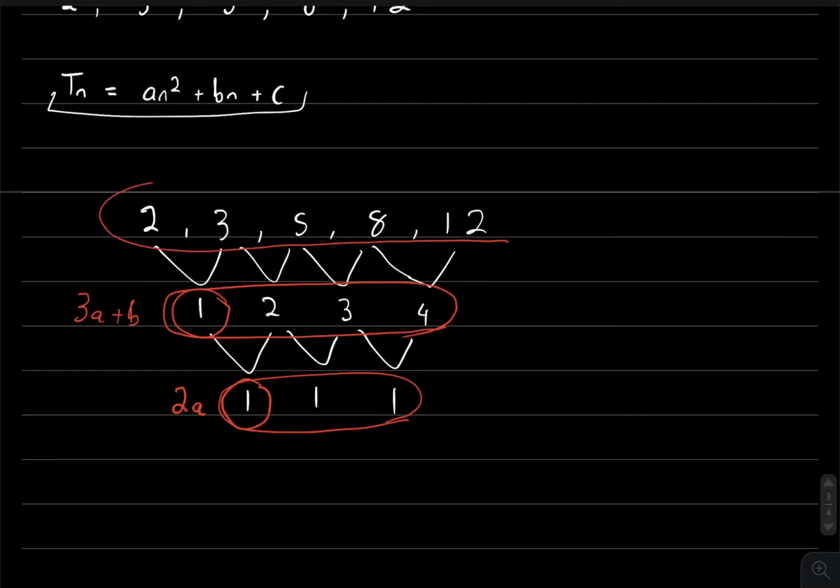Then in the top row of numbers, we take the first one and say that is equal to a plus b plus c. And the reason why we do this is a bit long to explain, but we'll come back to it later. For now, just keep in mind that it's a plus b plus c for the first, 3a plus b for the second, 2a for the third.